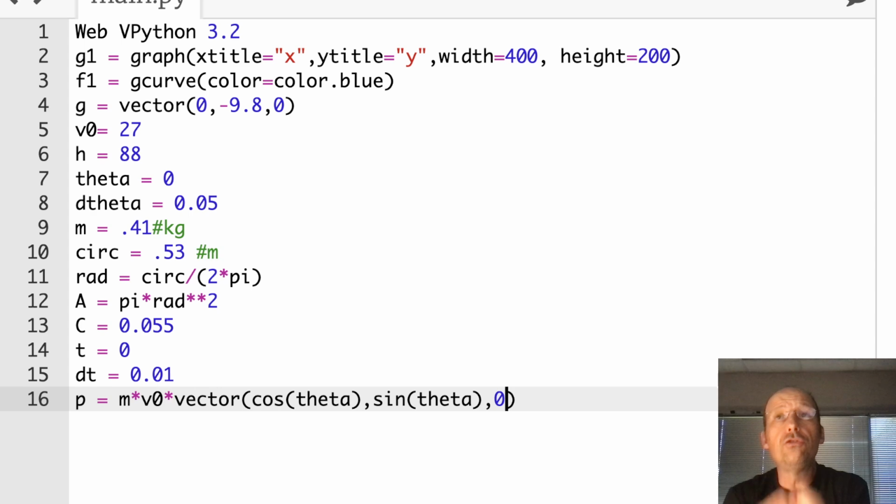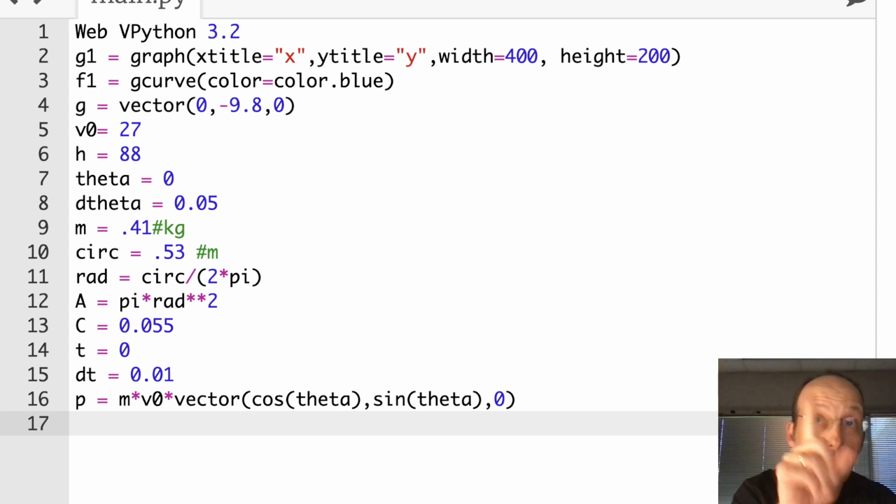It's really useful to create these as vector quantities so we don't have to deal with the x and y direction separately. We'll just say p, and it has x and y and z, even though you don't need that. This is the x component of the velocity if I know the angle, this is the y component, and then mass times velocity.